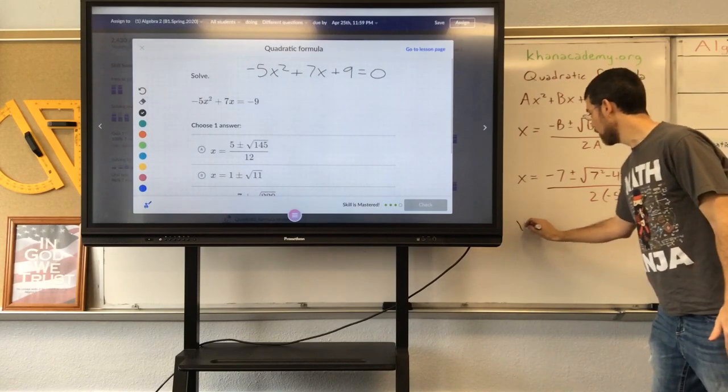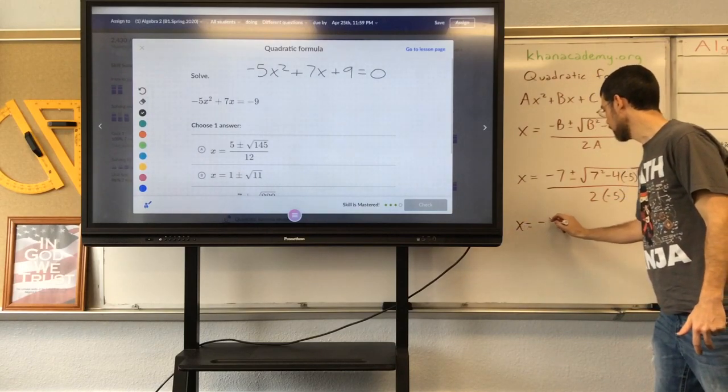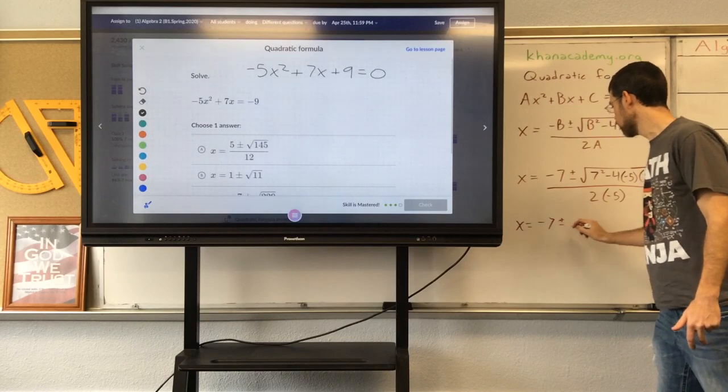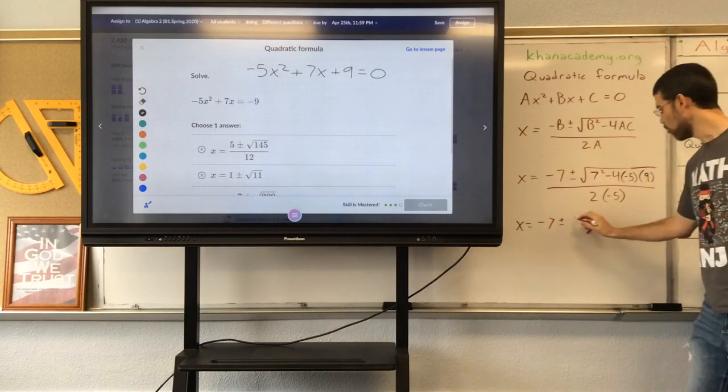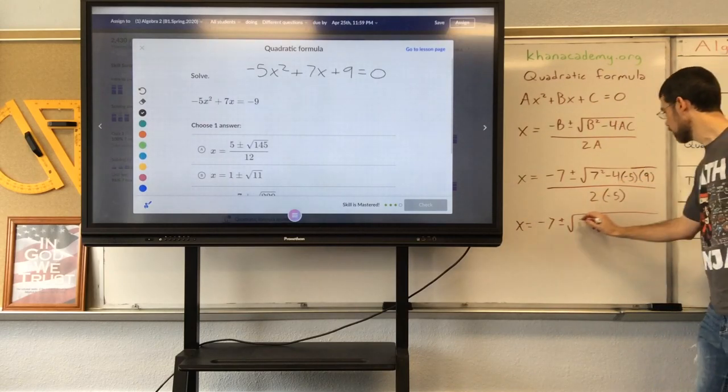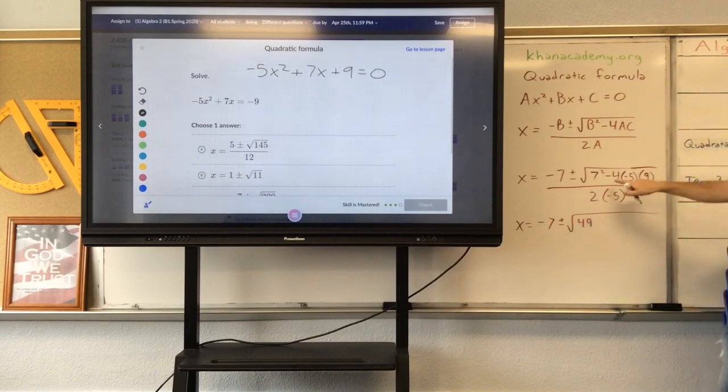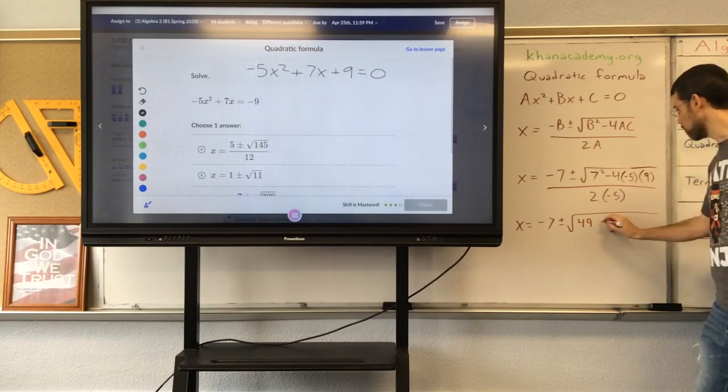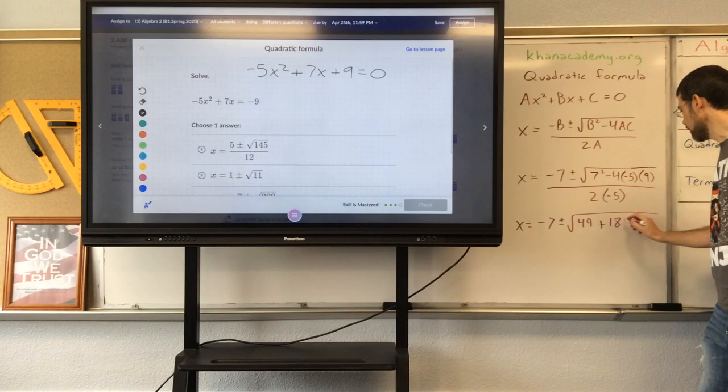So we have x equals negative 7 plus or minus the square root of 7 squared, which is 49. Negative 4 times negative 5 is positive 20. Positive 20 times 9 is positive 180.